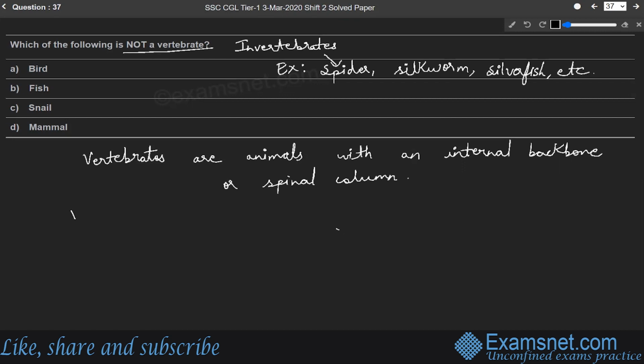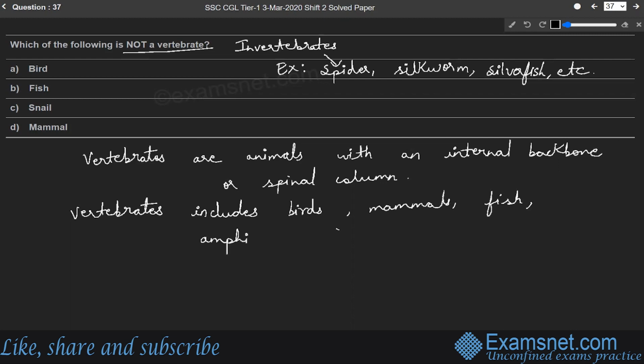And vertebrates include birds, mammals, fish, amphibians, and reptiles. Mammals are those animals that live on land. Amphibians are those animals that live on both land and water. And reptiles are those animals that live in water. So these are the forms of vertebrates.